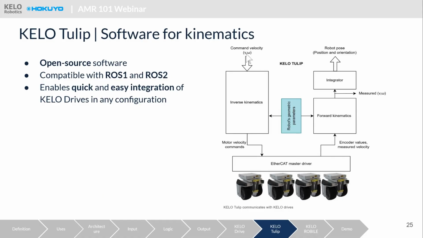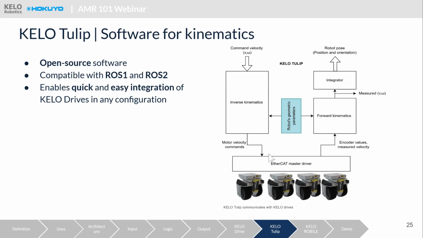On one side, you can give the v omega command, which is again linear and angular velocity. It does the inverse kinematic calculation based on the robot geometry that you defined, based on the application that you have. So at the end, it calculates all the motor velocity commands, and also it takes care of the EtherCAT master communication, a communication protocol to all the wheels that we have.